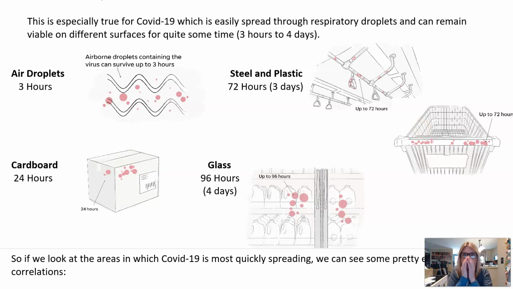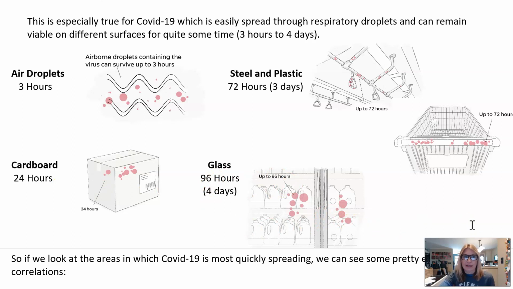So let's say that you cough in your hands, and then you go to Target and you grab the shopping cart. Well, the virus can stay on that plastic part on the shopping cart, or just the steel of the shopping cart, for up to 3 days. Ooh. Cardboard, about 24 hours, and glass for about 4 days.